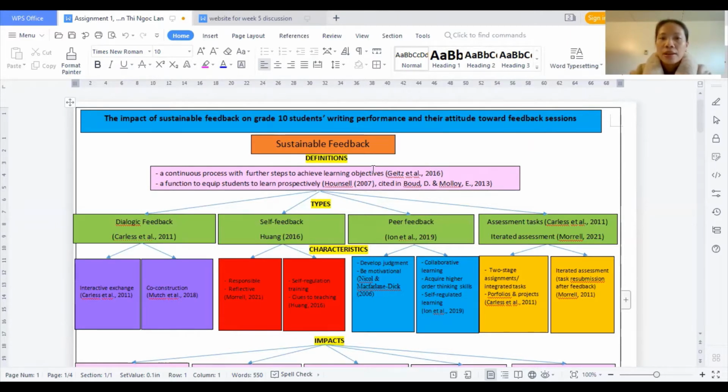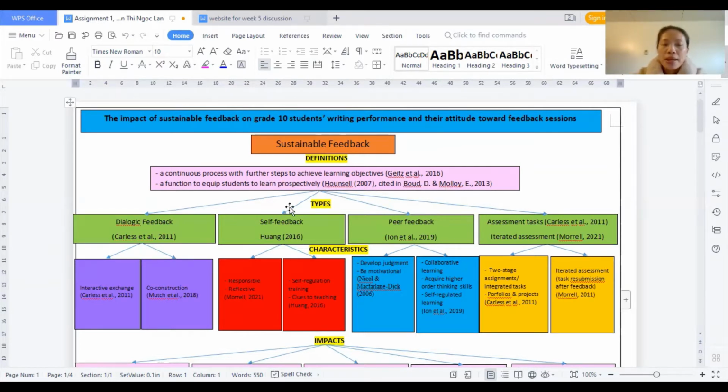And first, I found some definitions of sustainable feedback. For example, according to Gates et al. 2016, it is a continuous process with further steps to achieve learning objectives, or according to Housel 2007, cited in Brown and Molloy 2013, it is attention to equip students to learn prospectively.